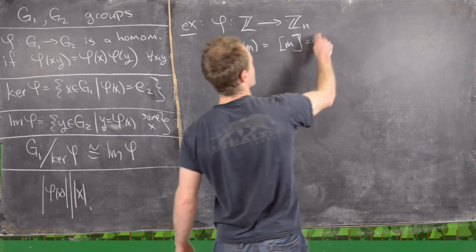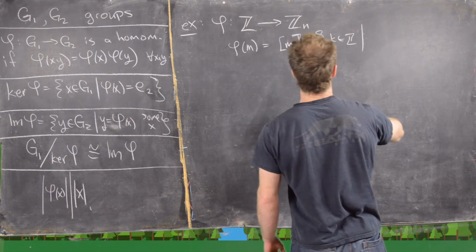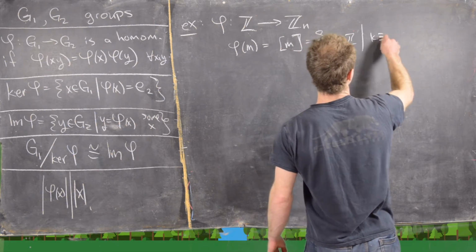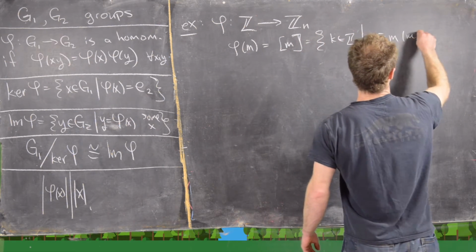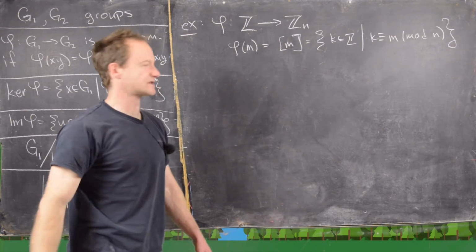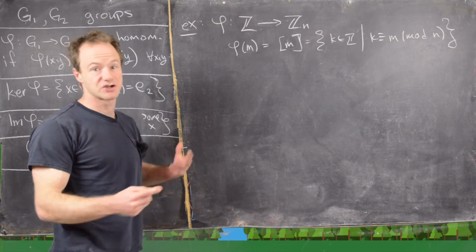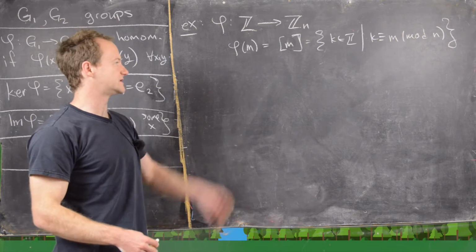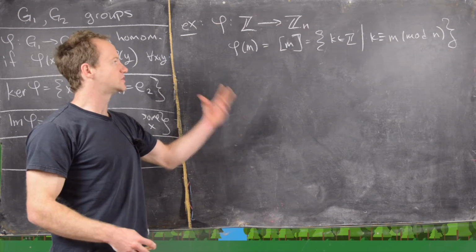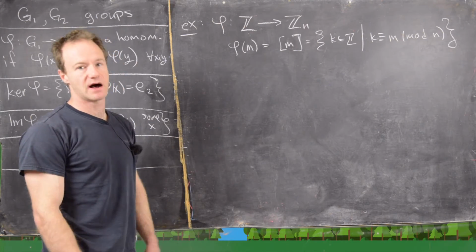Remember, this is all k in Z such that k is congruent to m mod n. And we know that equivalence classes form a group under modular addition. So you add two equivalence classes, and then you can always reduce mod n.